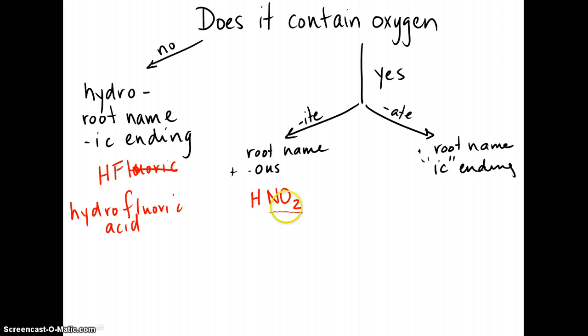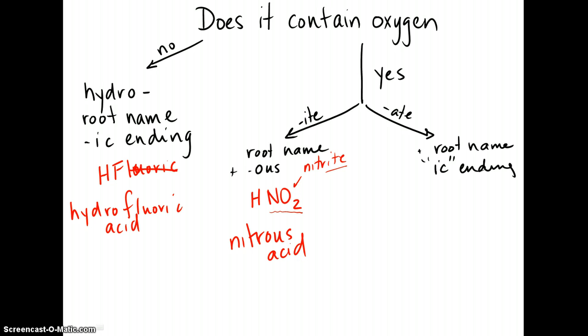And that's where you look at your polyatomic chart. And when you look at the name of this here, you identify that it's called nitrite. Okay, so that ends with an ITE ending. And because it ends with an ITE ending, we give it an OUS ending as an acid. But we do not write hydro in front. So this would be nitrous acid.